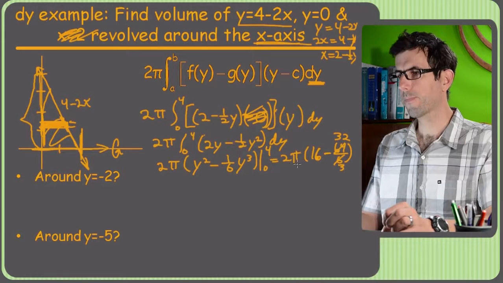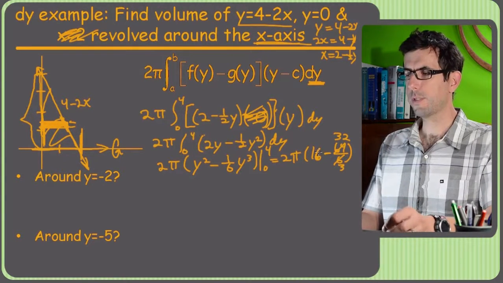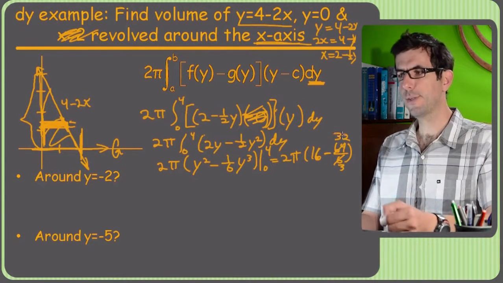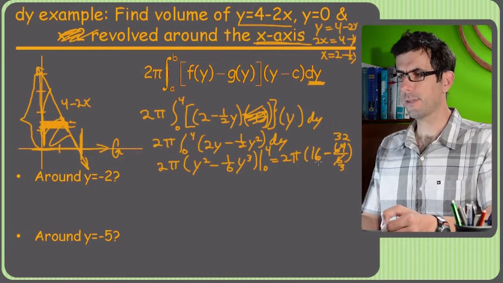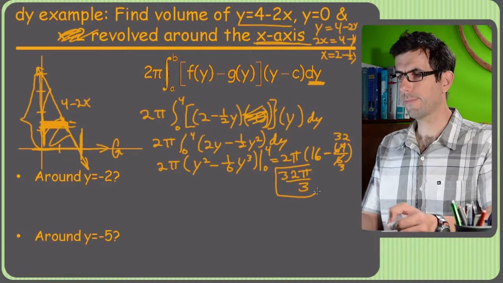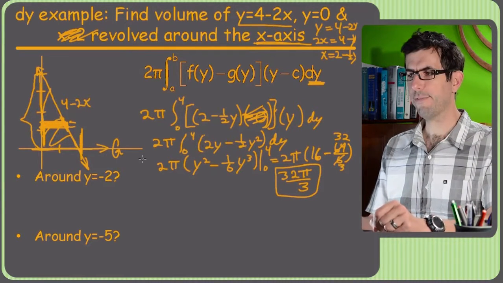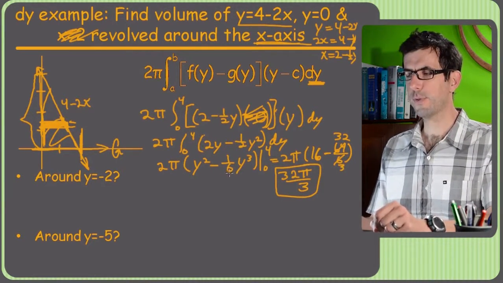So we just get 16, which is 48 thirds, minus 32 thirds is 16 thirds, times 2 is 32 pi over 3. All right, pretty exciting stuff. Got a little nervous with those sixths.